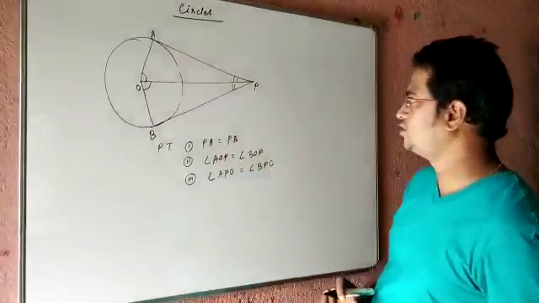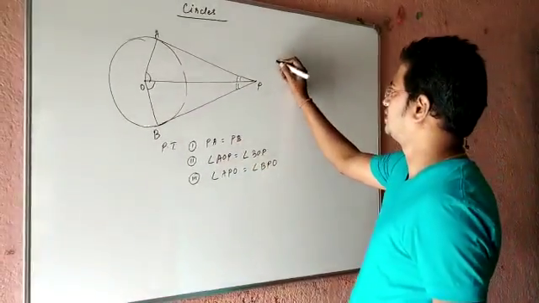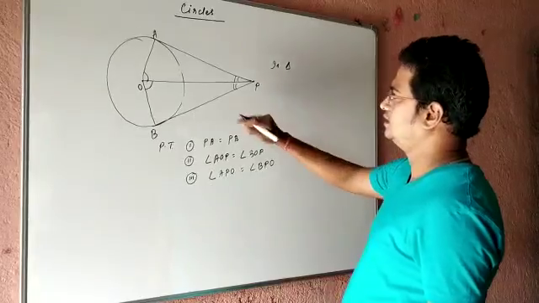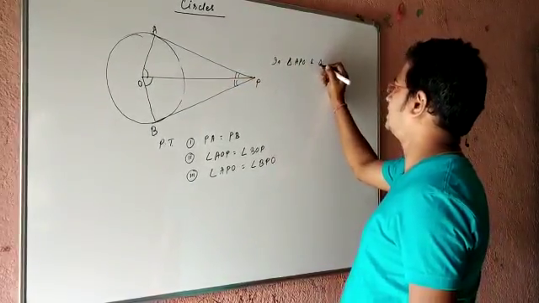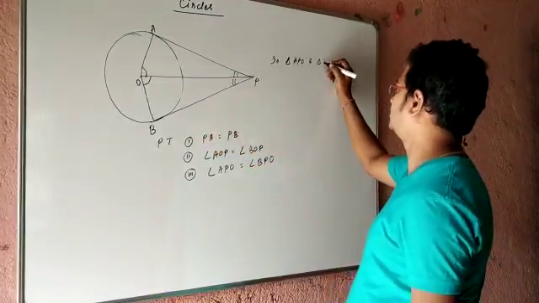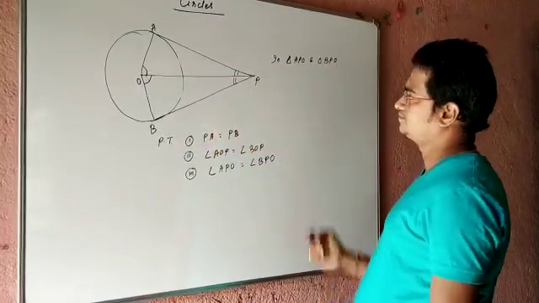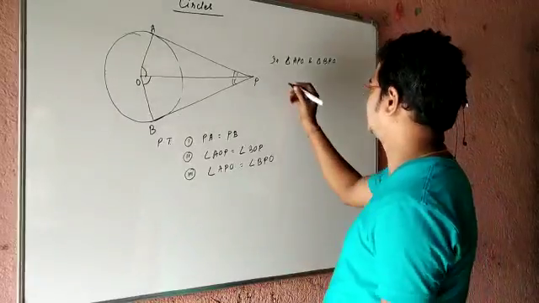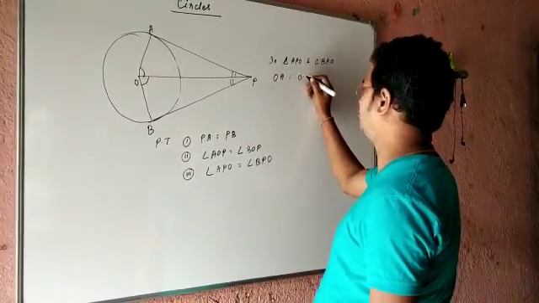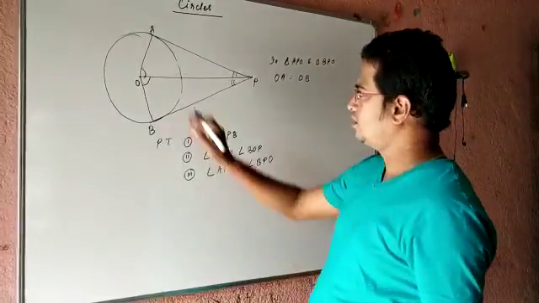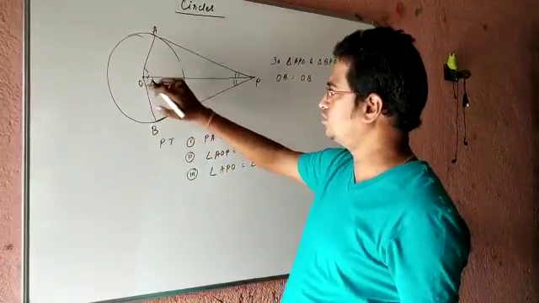So how are we going to prove this theorem? In triangle APO and triangle BPO, first part, can we say OA is equal to OB? How can we say OA equals OB?